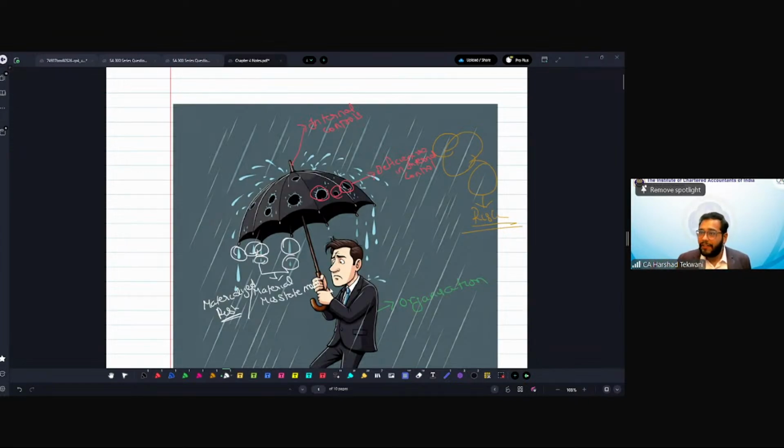It means there is a deficiency in the internal control, and because of the deficiency, the risk is getting materialized, or some of the risk is escaping the internal control. So there is some risk left in the system, or which is going to the organization. Are you getting the point?